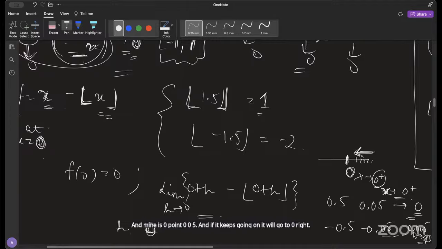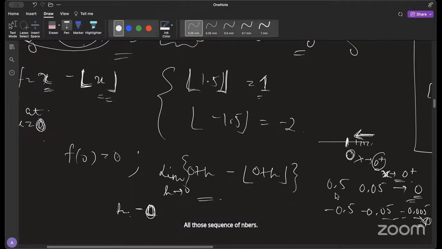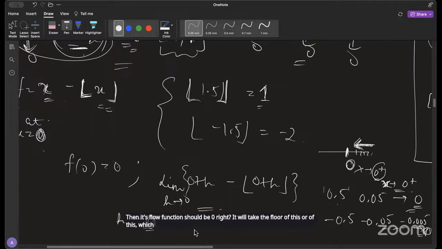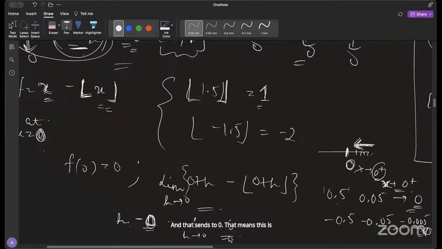All those sequences of numbers. So if you have a positive sequence going to 0, then its floor function should be 0, right? If you take the floor of this, floor of this, it should be 0. So it's 0 here. That means this is h, and h tends to 0, so this is 0. So the limit here is 0, which is equal to the function's value at 0.